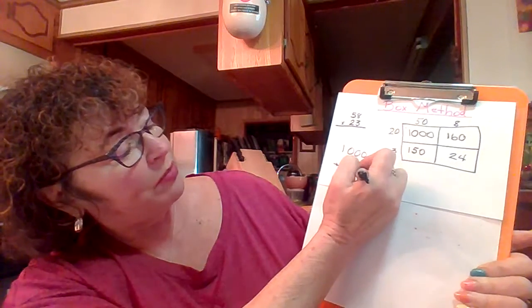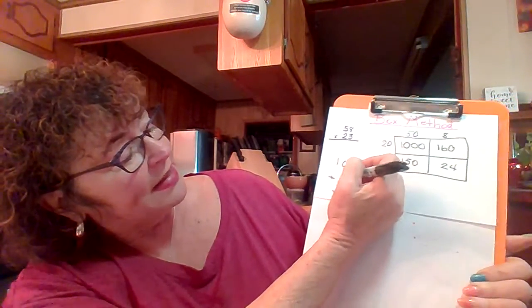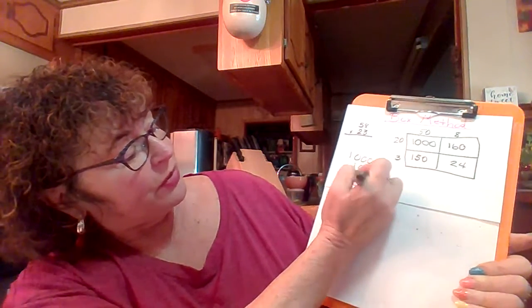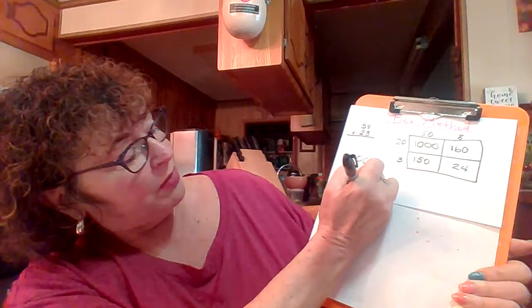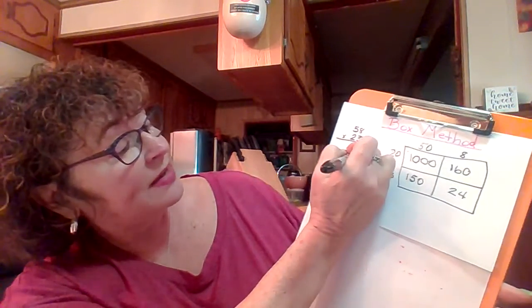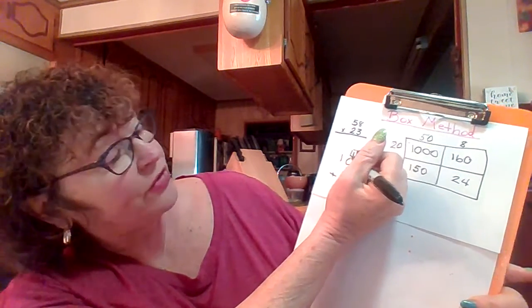So 0 plus 0 plus 0 plus 4 is 4. 6 plus 5 is 11, plus 2 is 13. We put the 3 here and carry the 1 to the next place value, which in this instance is the hundreds.